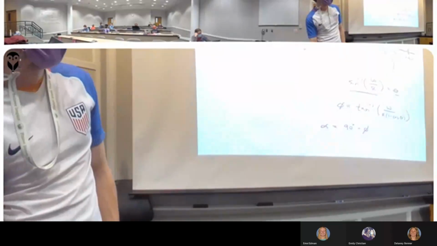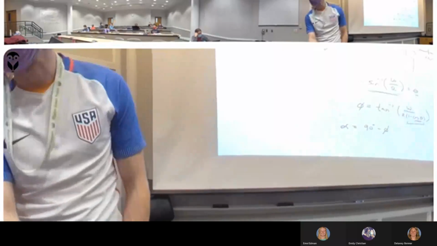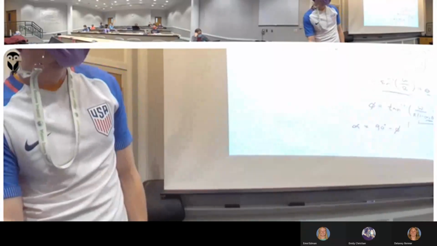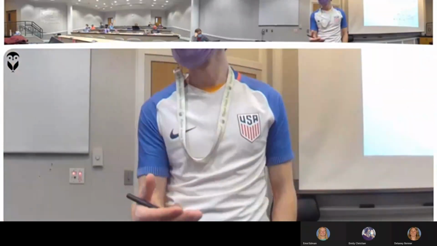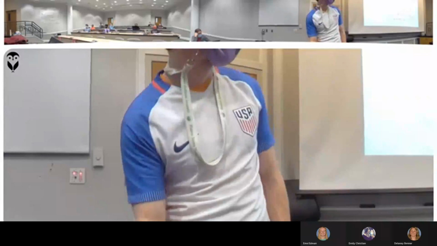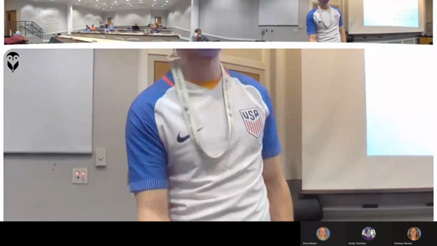So this number is really close to 1, which means this number is really close to 0, which means the argument of the entire tangent function is really, really big. Which means if I take the inverse tangent, phi ends up being very close to 90 degrees.